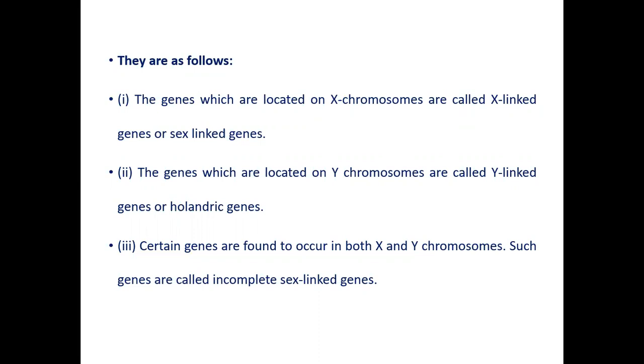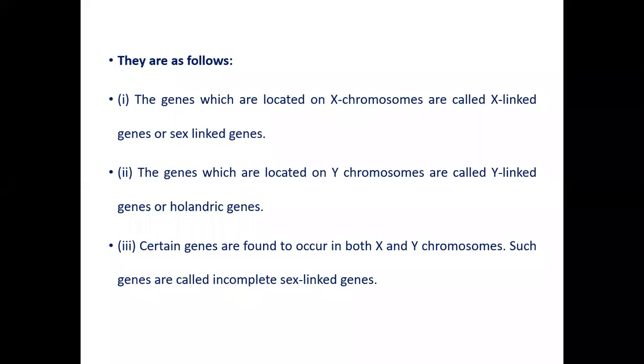That means in Drosophila and in some other similar unisexual organisms, there is a pair of sex chromosomes, as we said, heteromorphic and homomorphic: XX and XY. In order to understand the inheritance of characters present on sex chromosomes, we are taking an example.